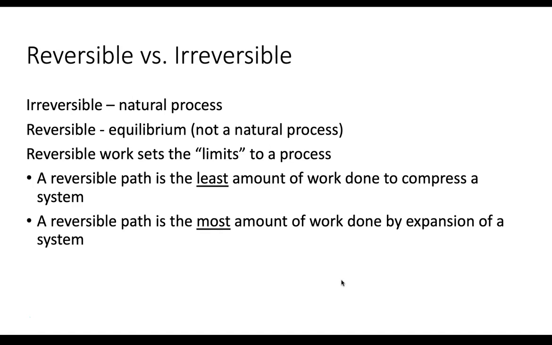Likewise, a reversible path gives the most work done by expansion of a system. If the system is doing work on the surroundings, the most work you can get is through a reversible path, and you're always going to do less irreversibly.